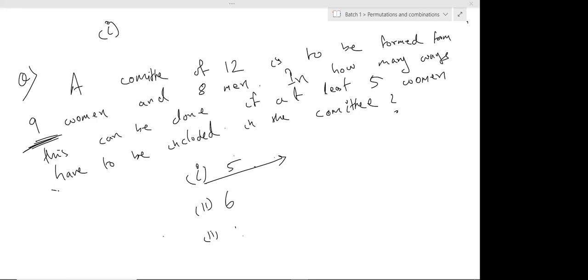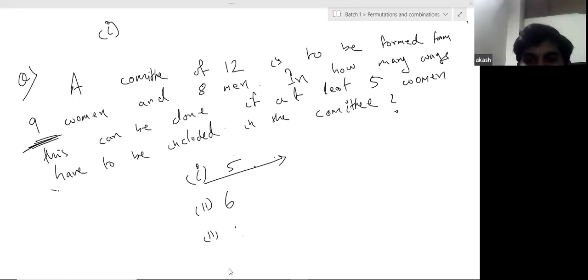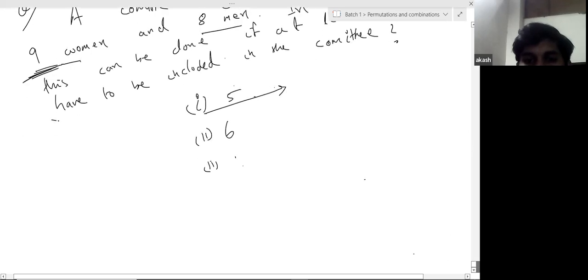All right. Let's see. You need to choose 12 members for the committee, right? Out of 9 women and 8 men. At least 5 women have to be chosen. First case, 5 women and 7 men.